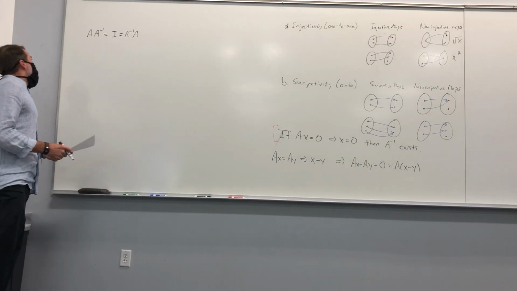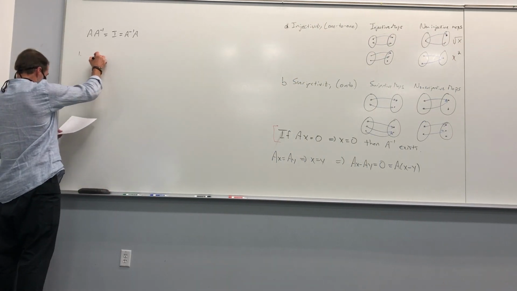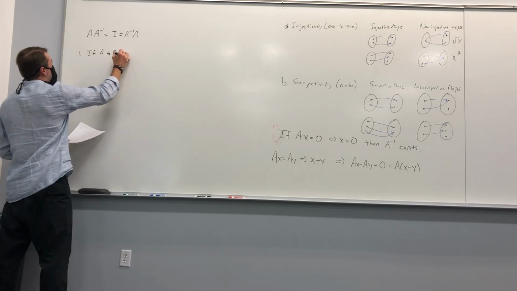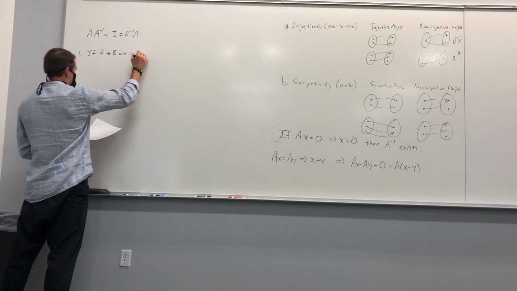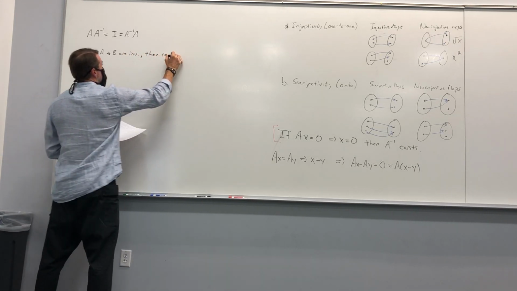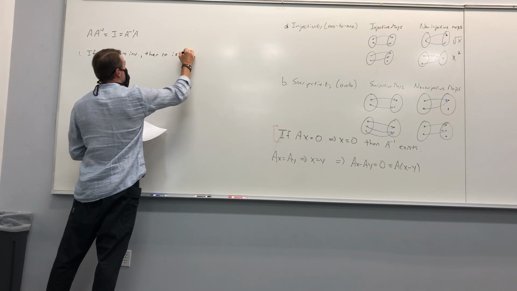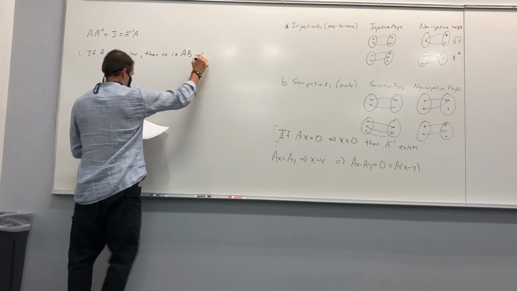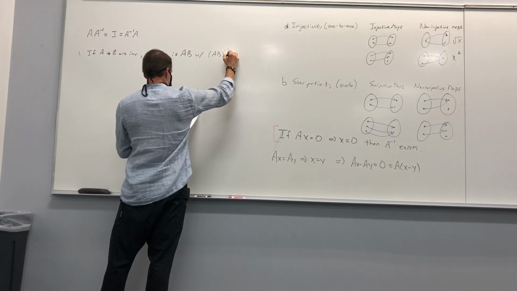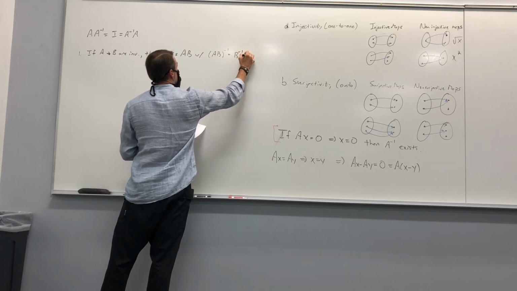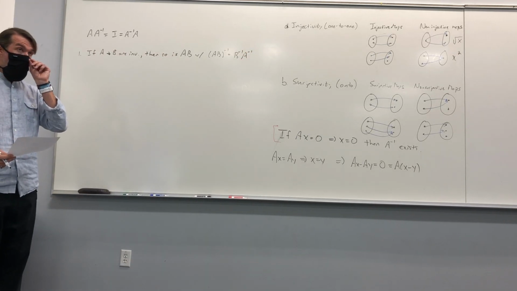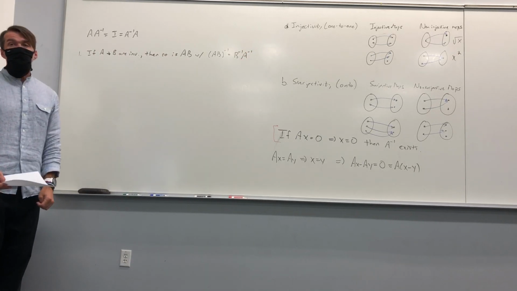To finish up on inverses, if A and B are invertible, then so is their product AB, with the inverse of the product being B inverse A inverse. Why do we reverse the order?